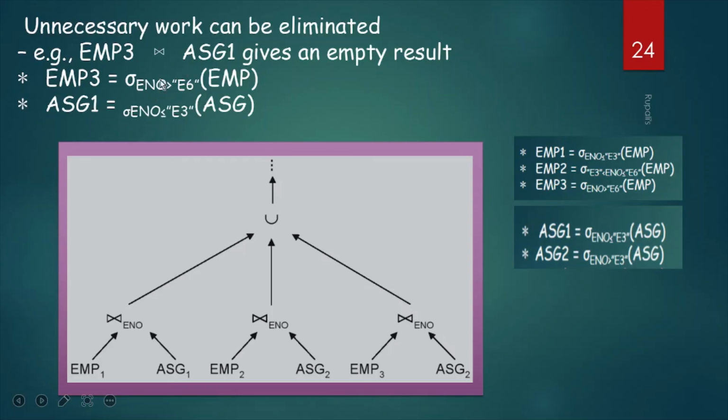So when we join these two tables, this will give an empty result. So unnecessary work, we have to eliminate it. When we eliminate this unnecessary work, then we can get an accurate result, we can get proper tuples. So those joins are: we have to join EMP1 with ASG1, the EMP2 table with the ASG2 table, and the EMP3 table with the ASG2 table.